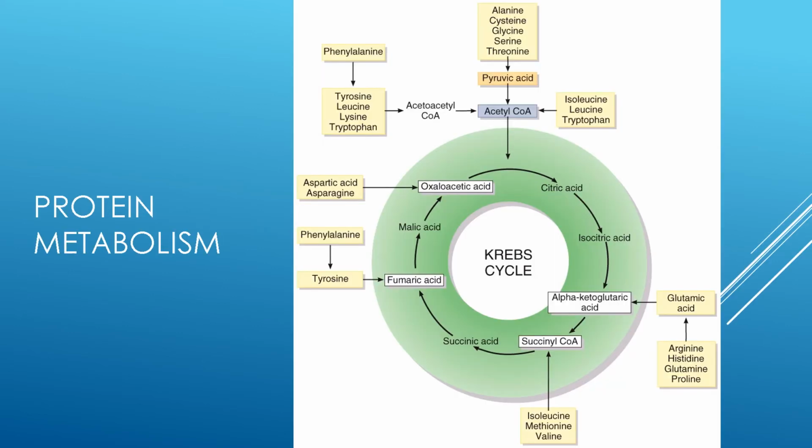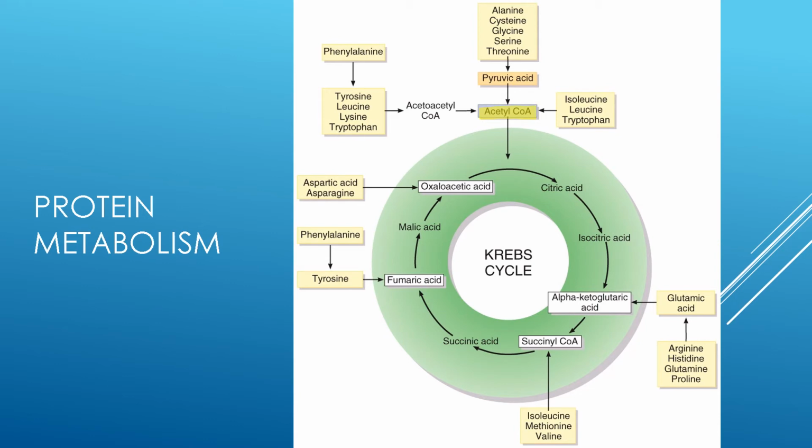Now this is a big figure you don't necessarily have to memorize, but this is just to show that before amino acids can be oxidized to produce ATP, they first have to be converted into molecules that are part of the Krebs cycle or molecules that can enter the Krebs cycle, like acetyl-CoA.